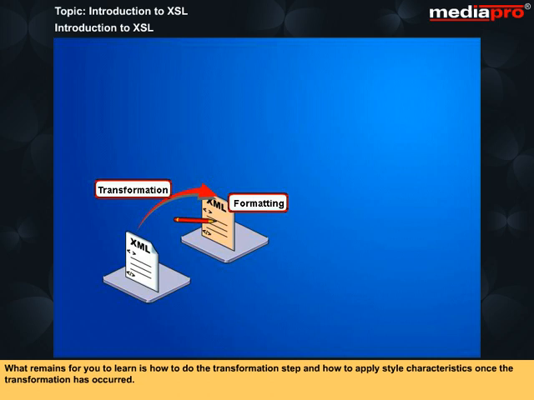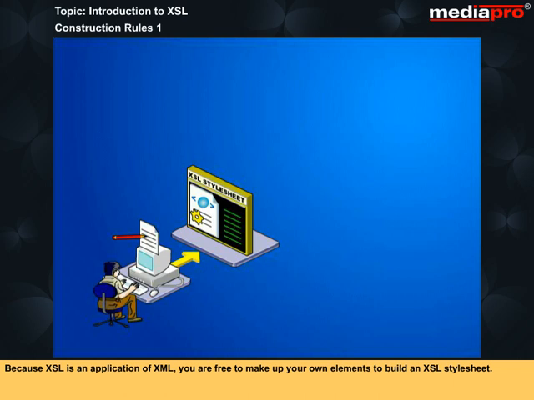What remains for you to learn is how to do the transformation step and how to apply style characteristics once the transformation has occurred. Because XSL is an application of XML, you are free to make up your own elements to build an XSL style sheet.